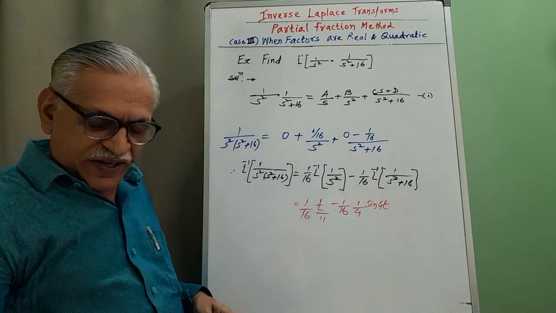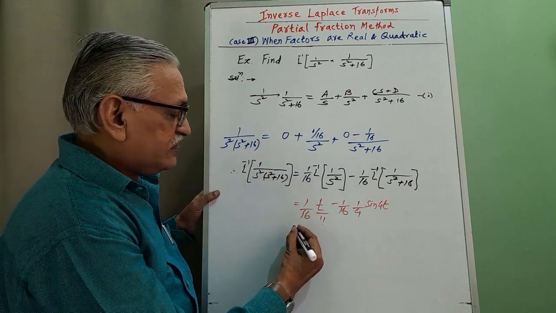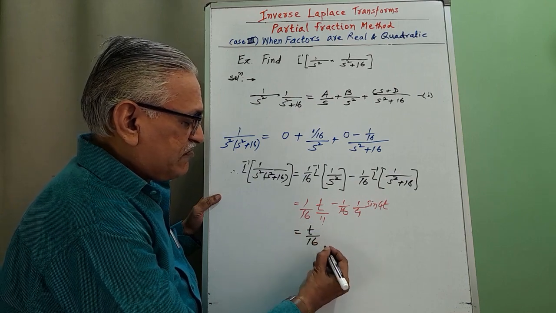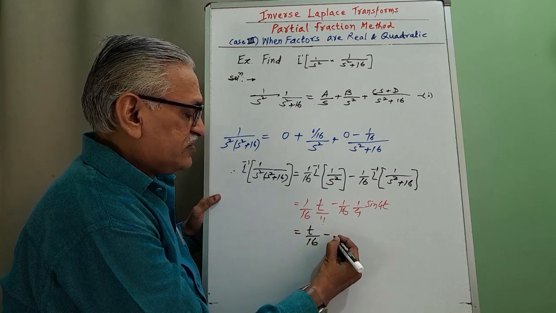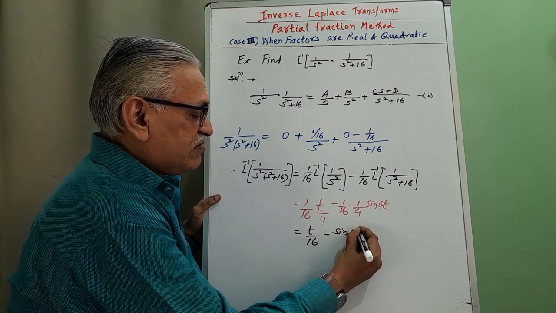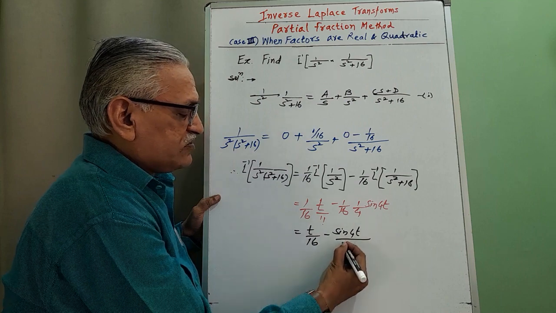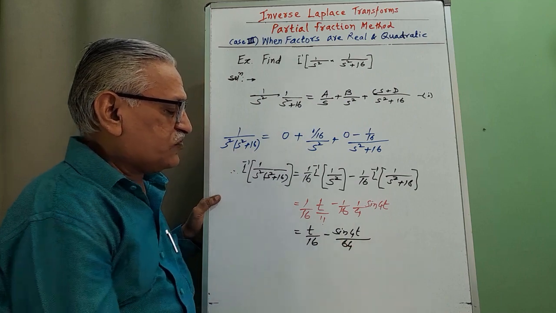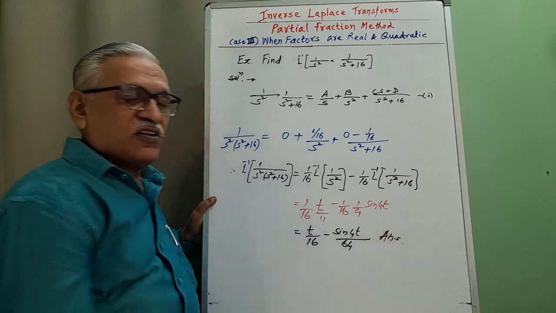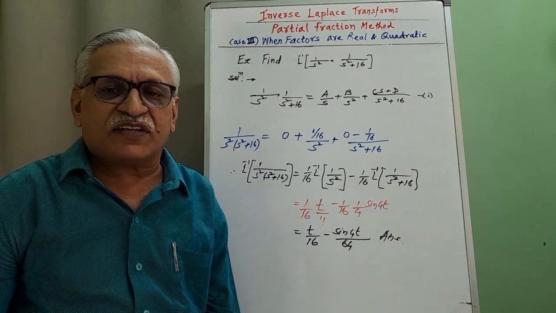Therefore, simplifying it, we get t by 16 minus sine 4t divided by 64 as the required answer, or required inverse Laplace transform.